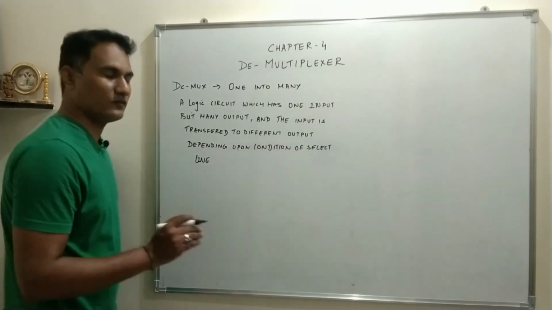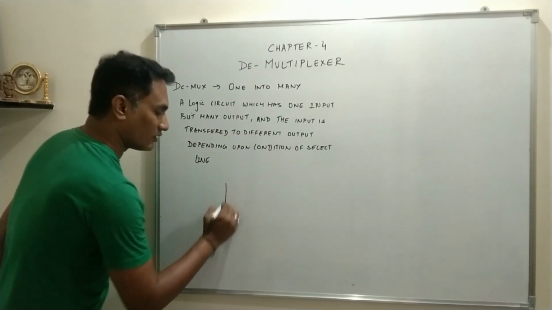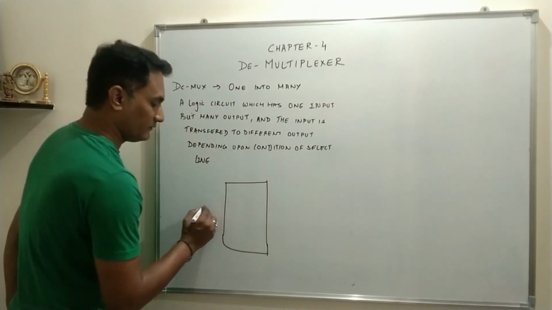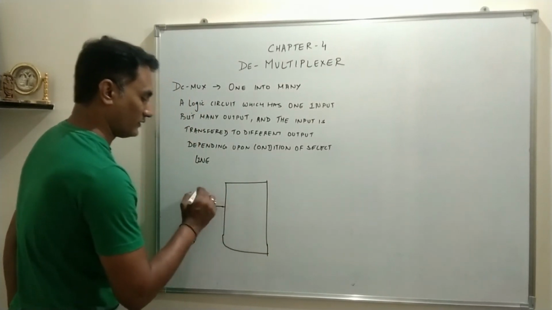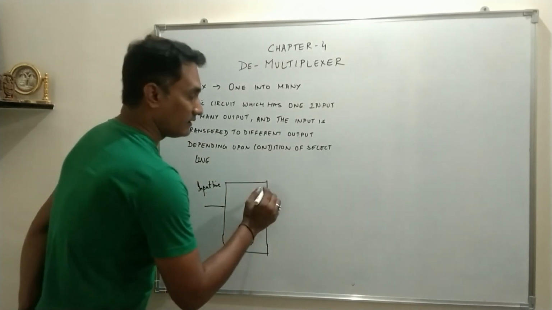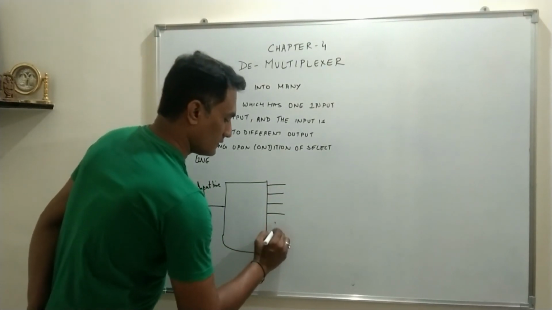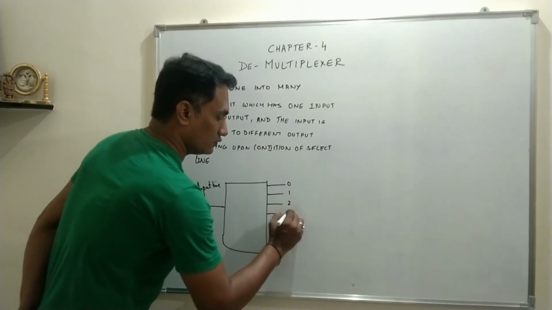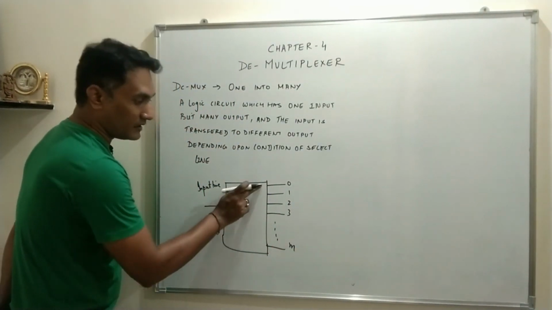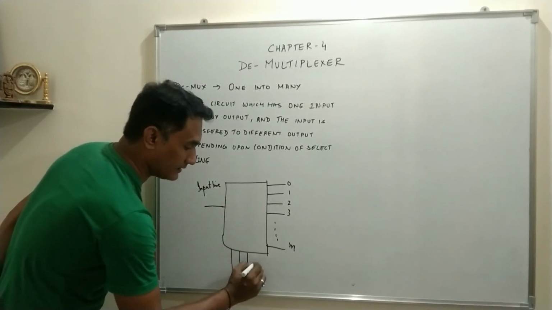Let's say the first thing what we'll do is, on the basis of the definition of demultiplexer, just draw a block diagram. What we said, we have only one input. That means this is your input line, and there will be many output lines. Let's say this is 0, 1, 2, 3 up to m, and the input will be transferred to different output lines depending upon the condition applied at select lines.